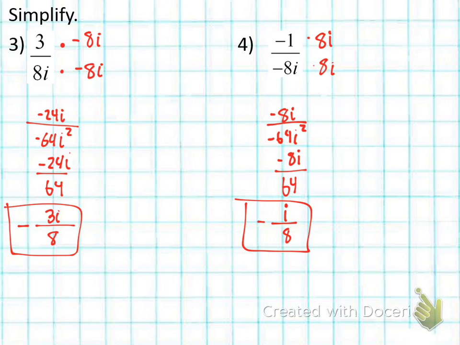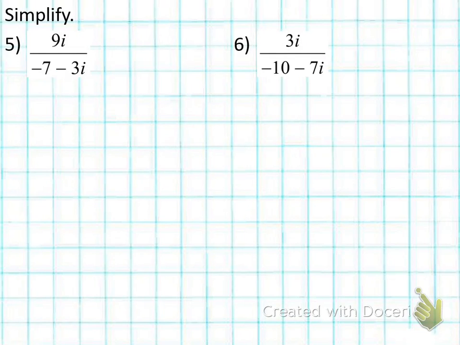Here we go. Let's do number 5. Ready, set, go. Then I'll help start you off on this one. Remember, the whole denominator is its own parenthesis, so the conjugate should be negative 7 plus 3i, right? Negative 7 plus 3i.